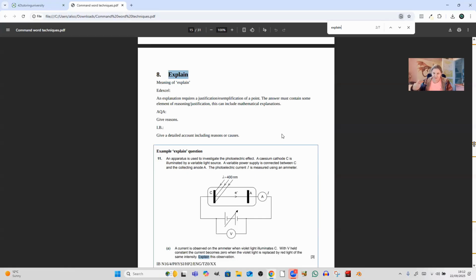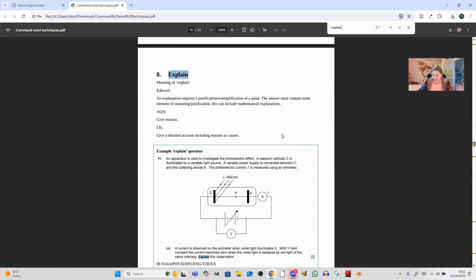This can include mathematical explanations. In other words, you can use equations in explain answers. Then AQA says give reasons. That's what it says in the spec, but that's not actually what appears in the mark scheme. And then the International Baccalaureate says give a detailed account including reasons or causes.